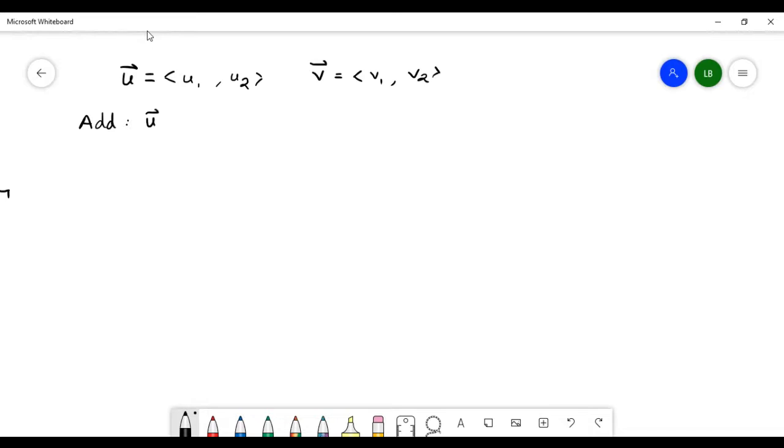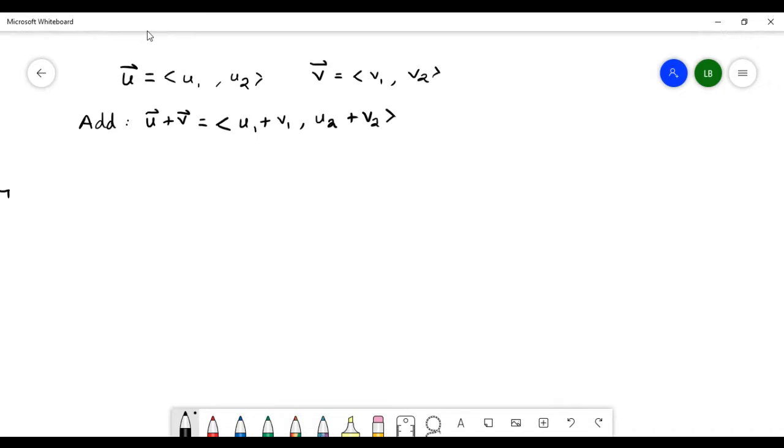So if we did u plus v, well, then we just add their separate components. That should be u1 plus v1, sorry about that, u1 plus v1, u2 plus v2. Just like you would expect.